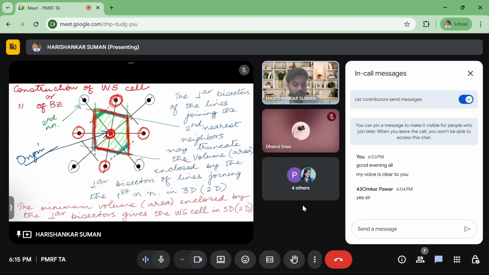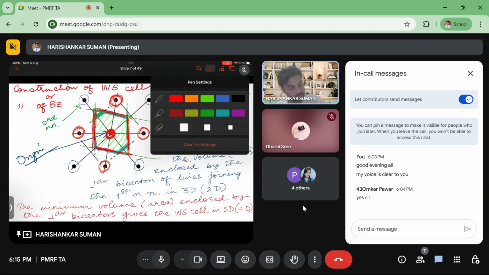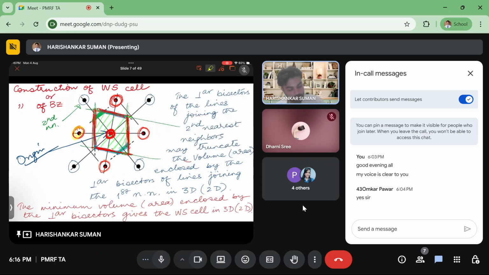Okay, so let's say this is the center and we have first and second neighborhoods. Let me mark in red. These are the first neighbors. First neighbor means the smallest distance, and draw the perpendicular bisector like that.